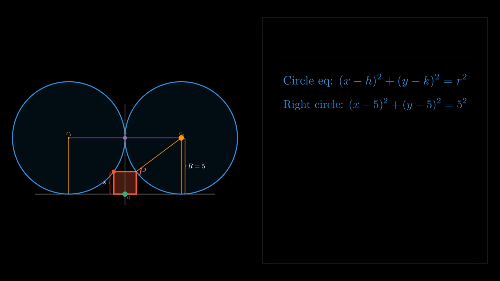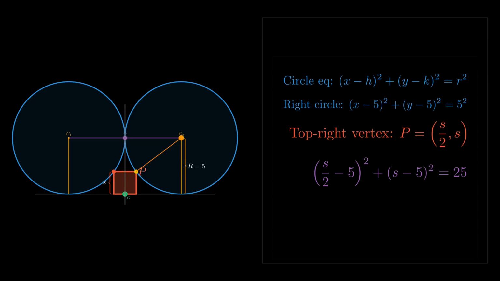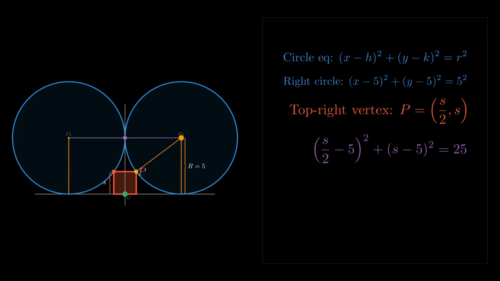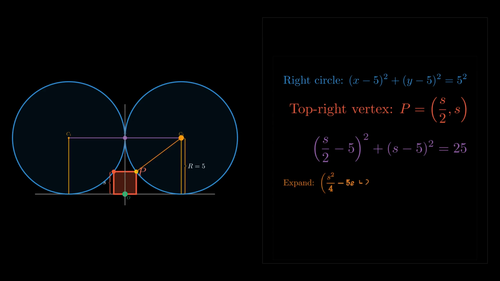As established, the coordinates of the top right vertex P are (s/2, s). Substituting these coordinates for x and y into the circle's equation yields (s/2 − 5)² + (s − 5)² = 25. Expanding the squared terms results in s²/4 − 5s + 25 plus s² − 10s + 25, which equals 25.